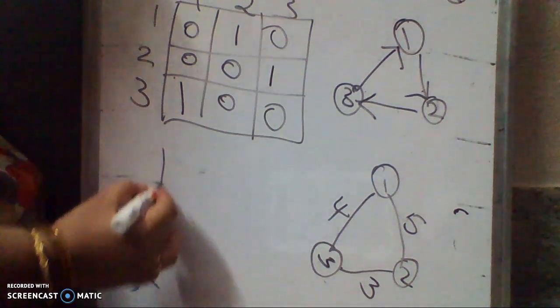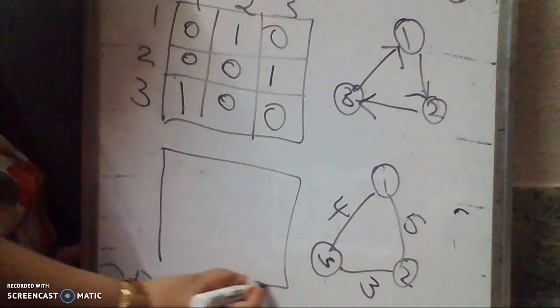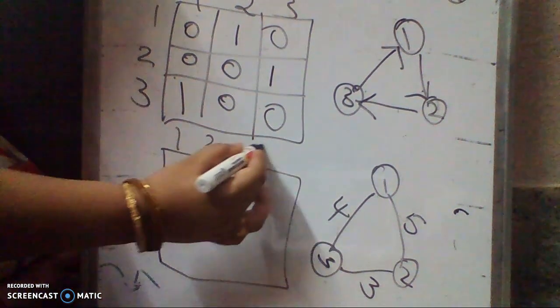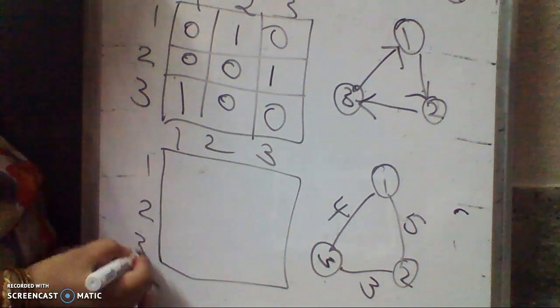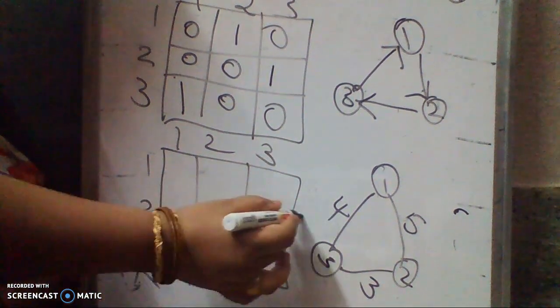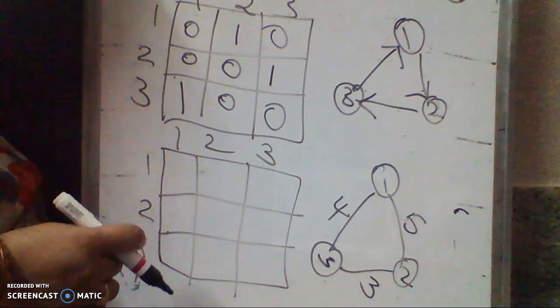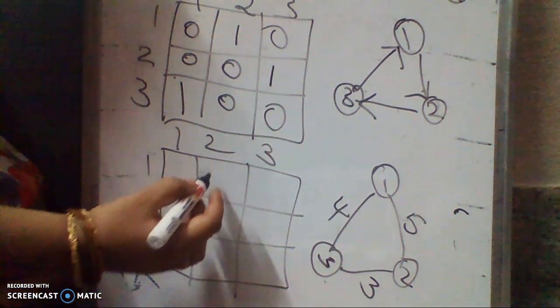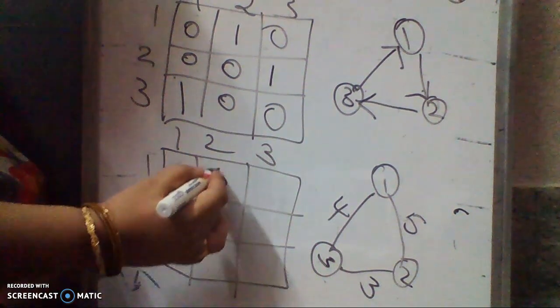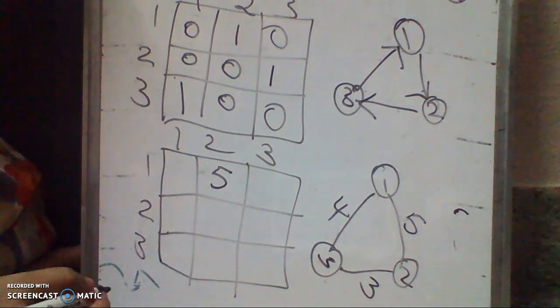Now we can write the adjacency matrix like this, with 1, 2, 3 as the vertices. For 1 to 2 we have an edge, so at the place of 1 to 2 we write the weight of the edge, 5.